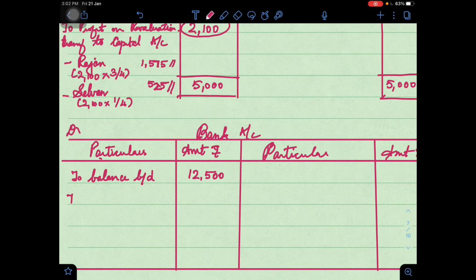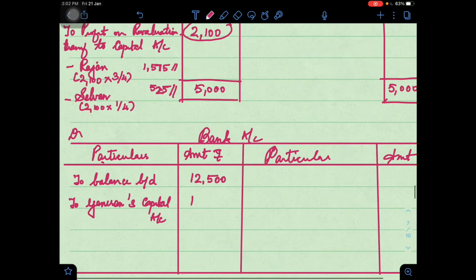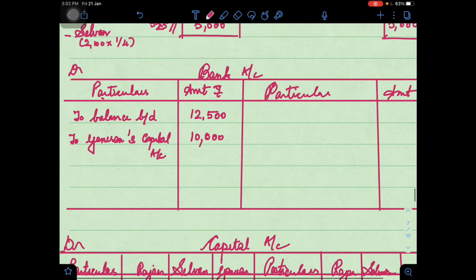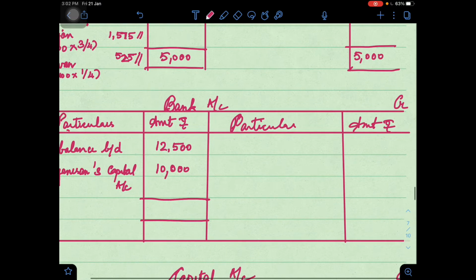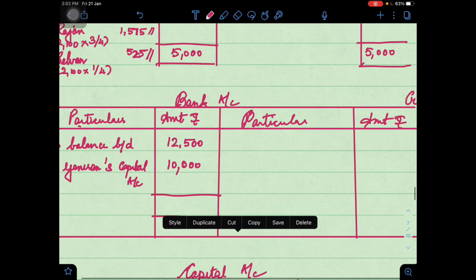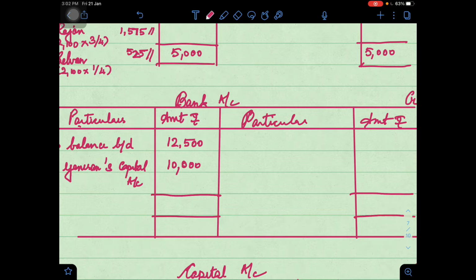Next, you can see that the new partner Ganesh is bringing in capital. So we show Ganesh's capital account, another 10,000. So we have recorded every aspect of the bank. Now as a last step, we total up either side.